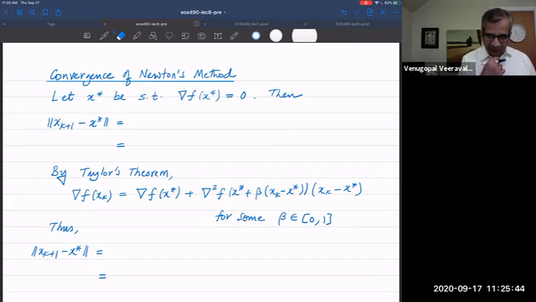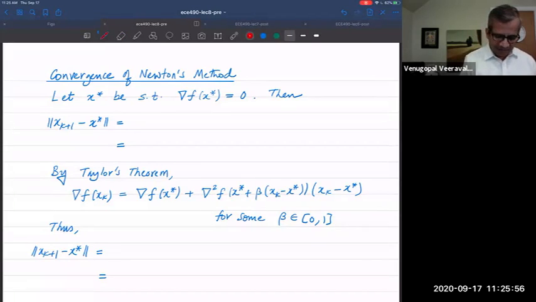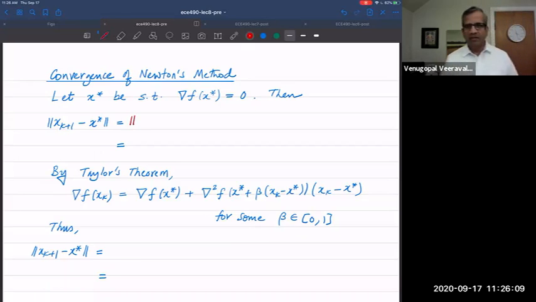Then let's see what happens to the Newton iterate, and how close it can get to x star at time k plus 1 relative to how close it was at time k. We're going to use the same step we used last time when we looked at convergence, in the case of convex and strongly convex functions as well.